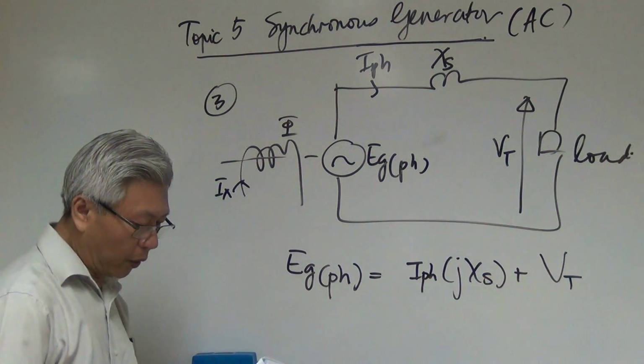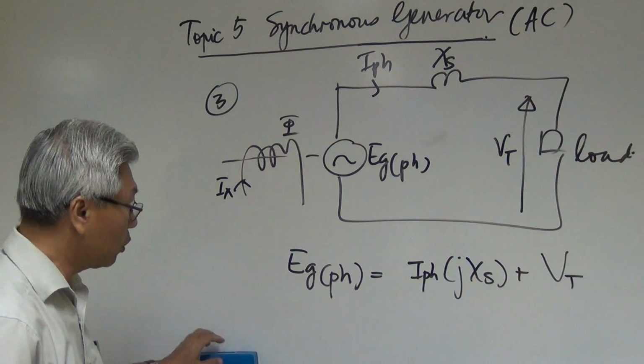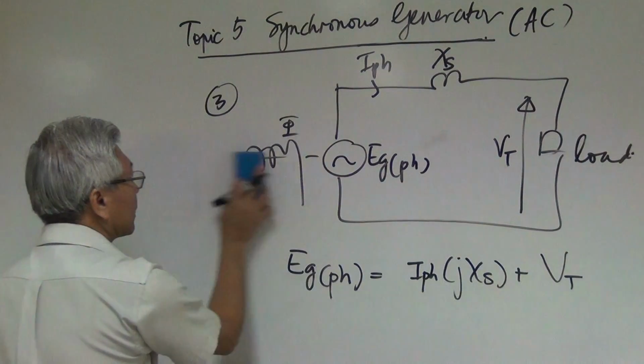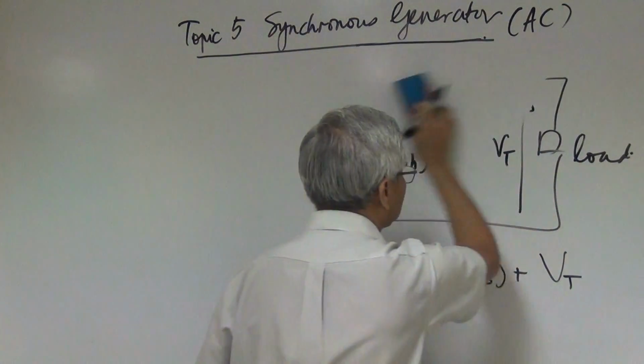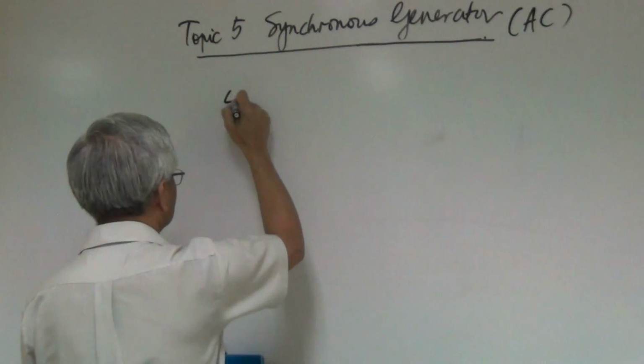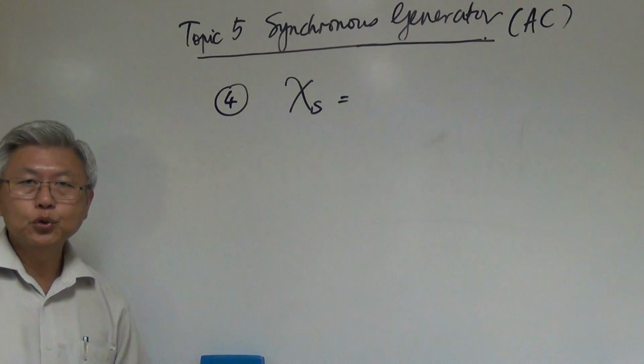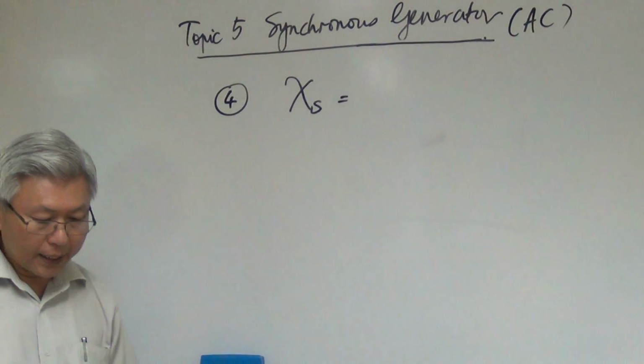So this is the third point, and the fourth point is the synchronous reactance. How do we calculate the synchronous reactance? Just like a transformer, we could do an open circuit test and short circuit test.